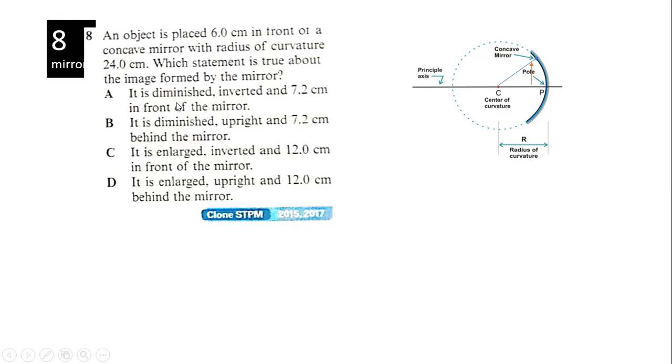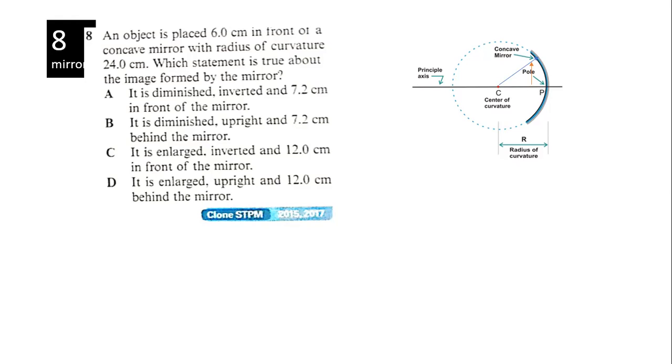What is the focal length? You should be able to tell me from the question what the focal length is. 6 cm? No. 6 cm is the object distance. Focal length is the radius of curvature divided by 2.